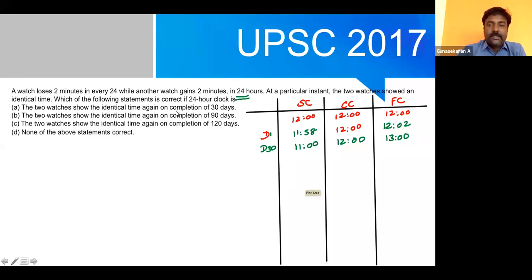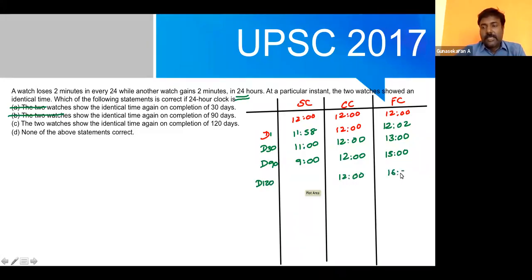Okay, so on 30 days, they are not showing identical time. So option A is not possible. 90 days. What will be the fast clock time? 90 days, next 60 days. It will show 15. It will show 9. So wrong answer. 120 days.